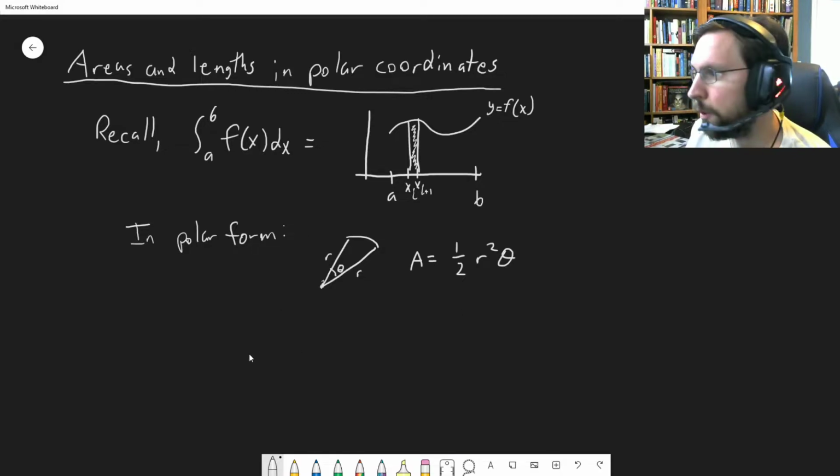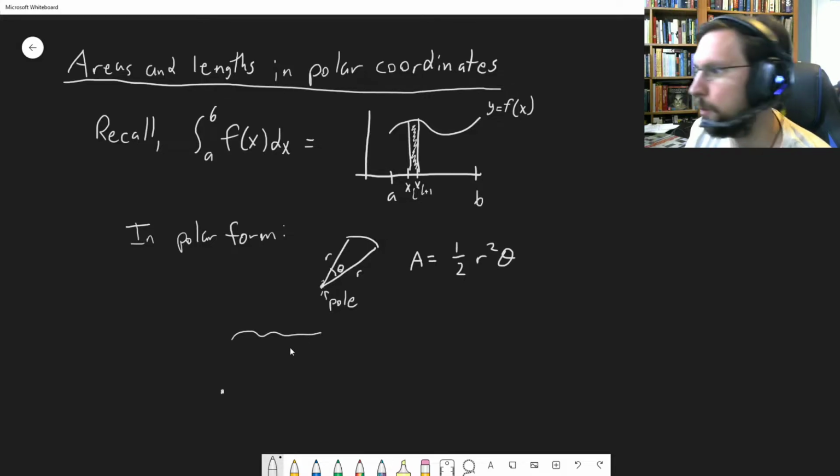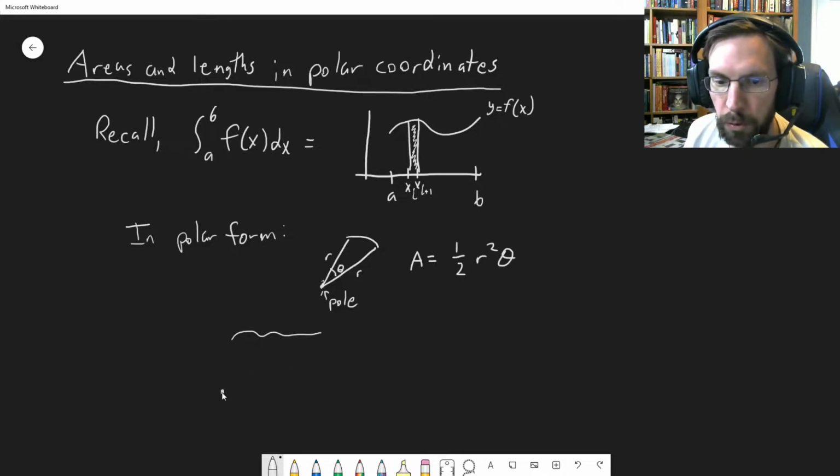So if we're in polar form, and this, of course, is the pole, and we have a curve traveling through polar coordinates, we want to find the area enclosed in this wedge.